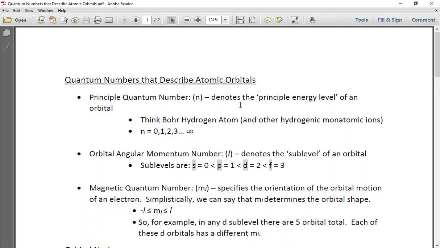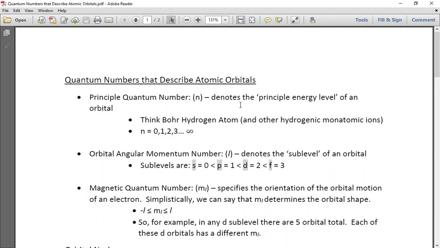This quantum number shows up in the Bohr model of the hydrogen atom. And we know that for one electron atoms, this is the only quantum number that is really important to describe the overall energy of an electron in an orbital.